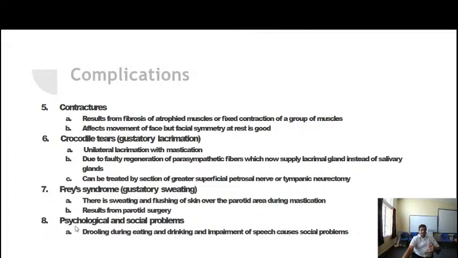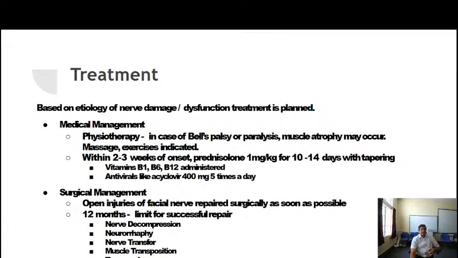And of course, along with this, there are psychological and social problems that can arise because of the deformities. Then the treatment is based on the kind of trauma that occurs to the nerve, and the extent of the damage.